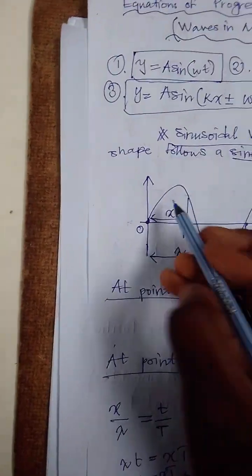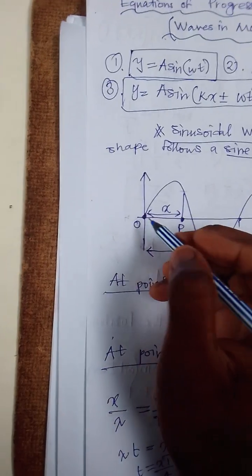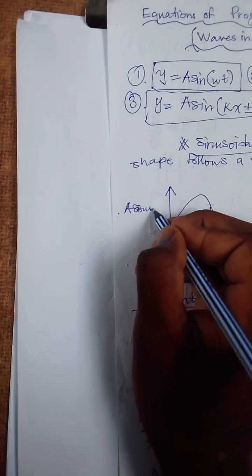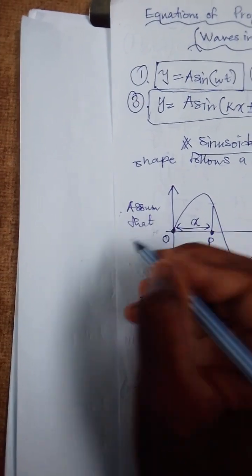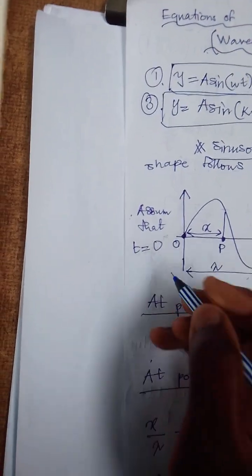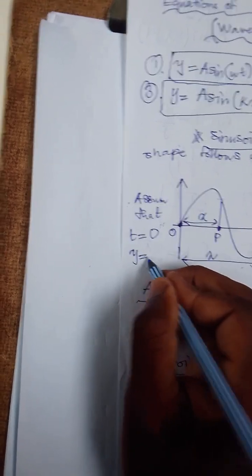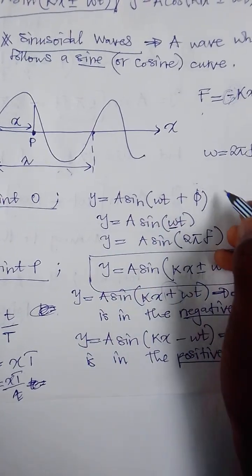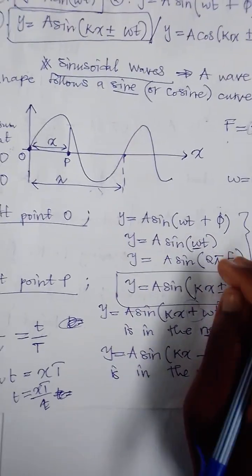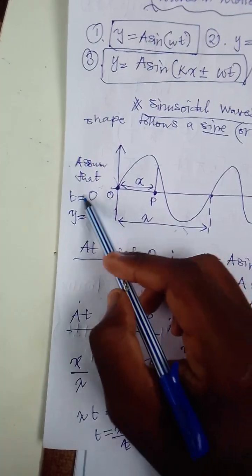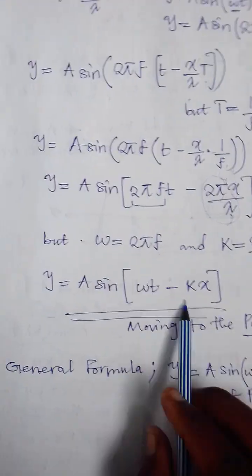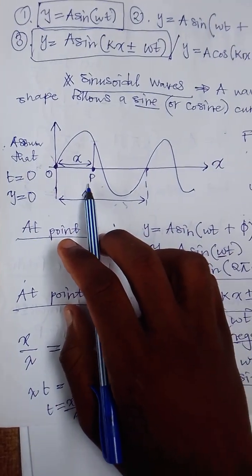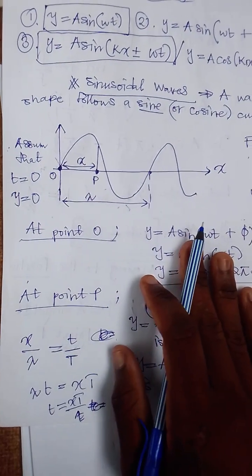And notice when you are at zero, we assume that the time is equal to 0 and the distance is equal to 0 when you are here. So the earlier formulas are used at point O when you make these assumptions, and this formula is used at point P.